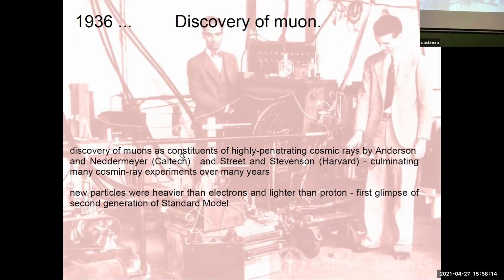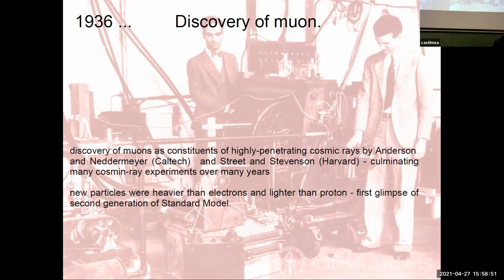Muons were discovered as constituents of cosmic rays in the mid-1930s. It was really the result of a lot of different experiments, but there were two teams, one at Caltech and one at Harvard, that finally claimed the existence of a new particle of nature. It really built on two decades of experiments with cosmic rays.